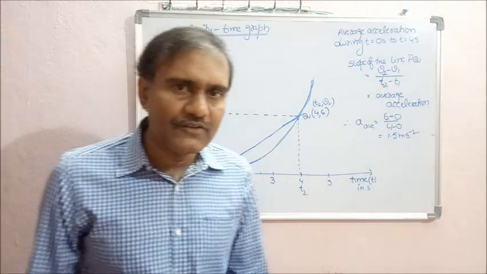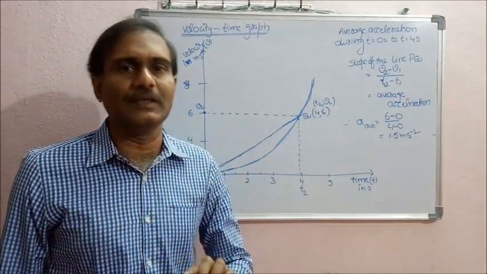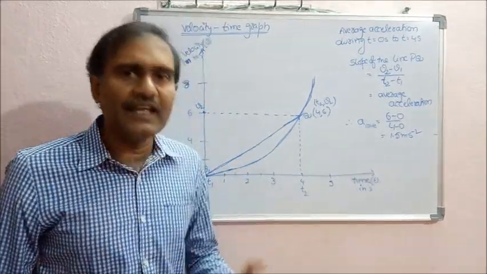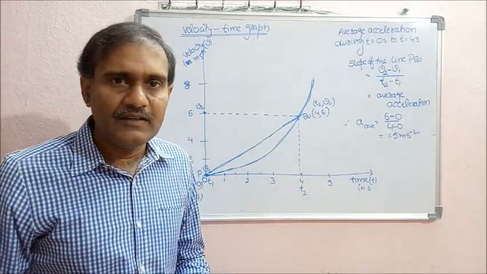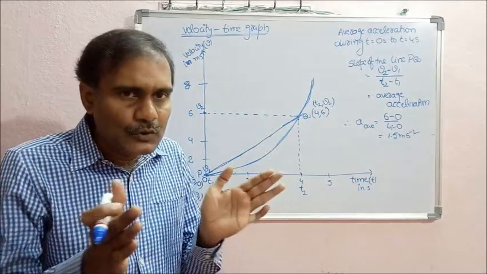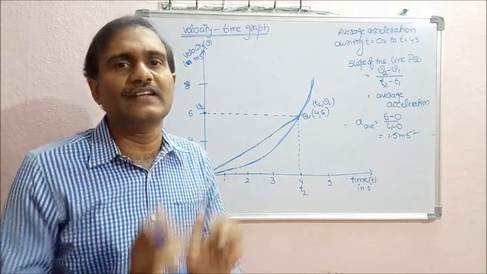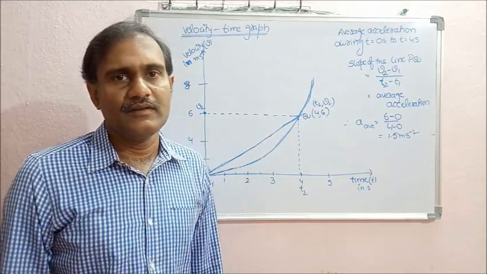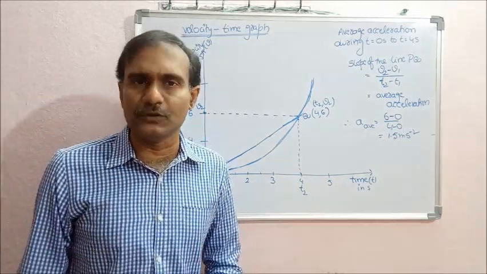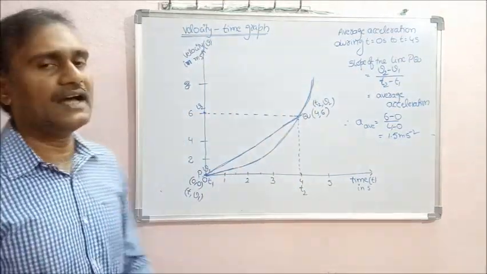That is, as the time interval decreases, these 2 points come close together. If you keep decreasing the time interval, those 2 points P and Q come close together, and finally there appears to be contact between them. In that situation, if you join the 2 points P and Q, it gives a tangent to this curved path.